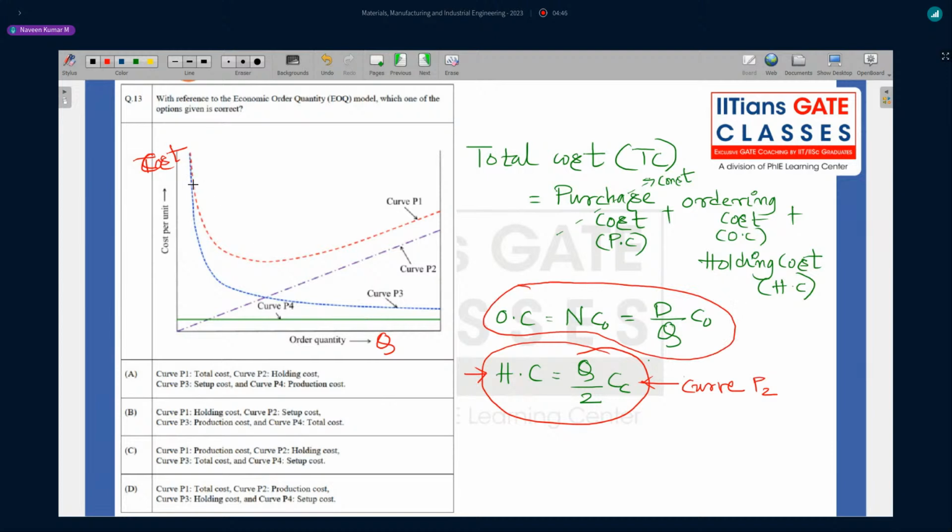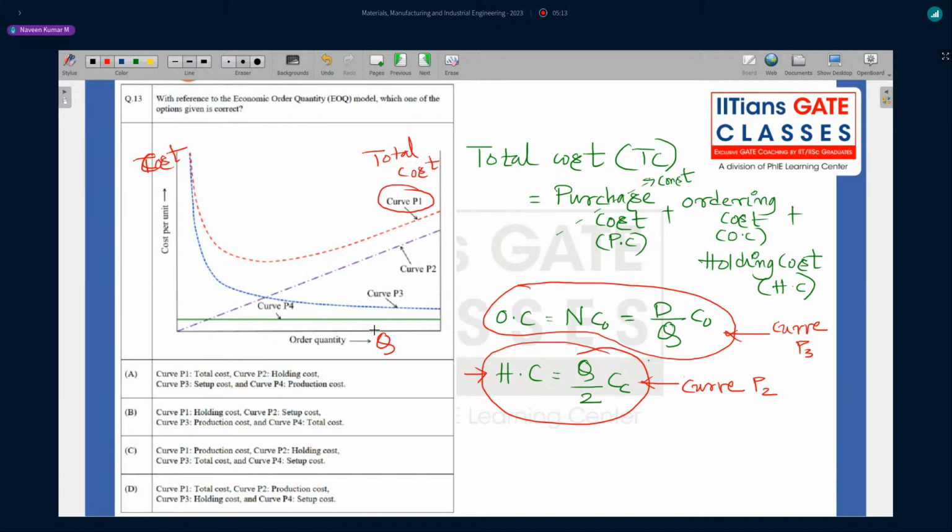Initially the cost is high, and slowly as the quantity is increasing, the cost is getting reduced, and obviously it is curve P3. Also we know that the total cost represents curve P1. When we draw this, this cost plus this cost gives rise to P1, and this is the total cost.